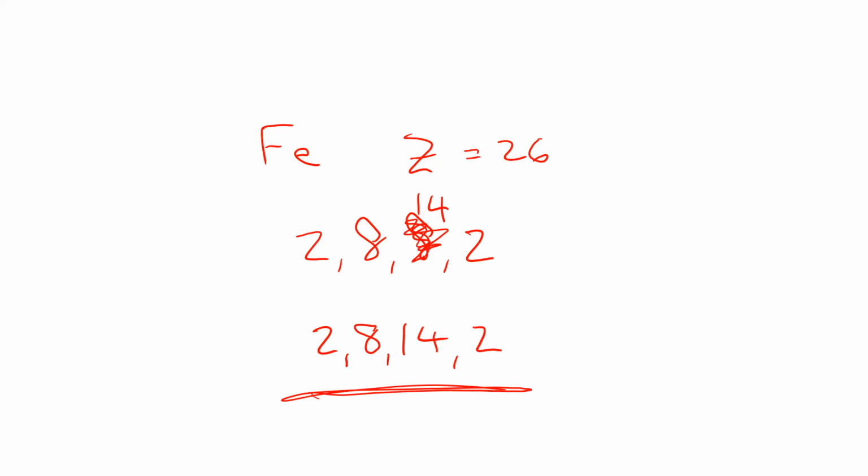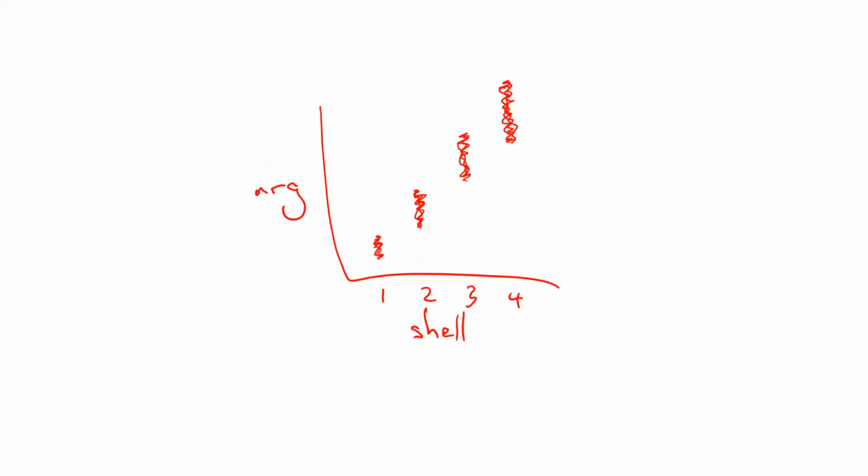Now, some people might have the question, well, why the heck do we do that, other than because you just said we have to? Well, if we consider what shells actually are, they correspond to a certain amount of energy. So if we plot this energy up the side versus shell number along the bottom, we can see that the first shell has a certain amount of energy. The second shell, if you want to be an electron in the second shell, you're going to need more energy.